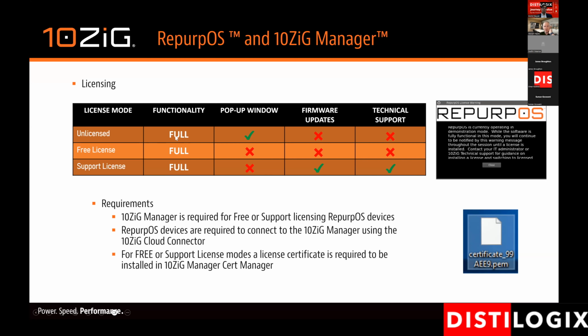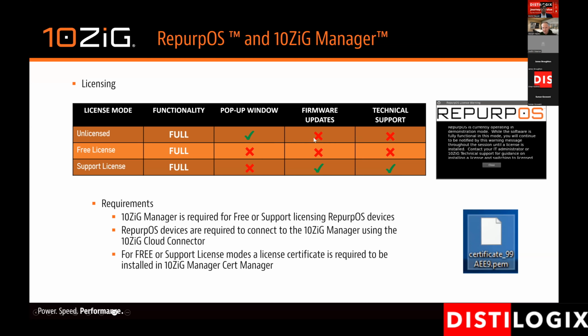With this, it will give you full functionality of the RepurpOS operating system. But as you can see here, from time to time you'll get a pop-up window appearing, telling you that the device is running in demonstration mode. That will appear randomly for your end users to have to clear using the close button.